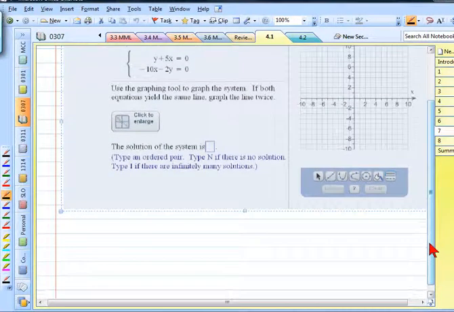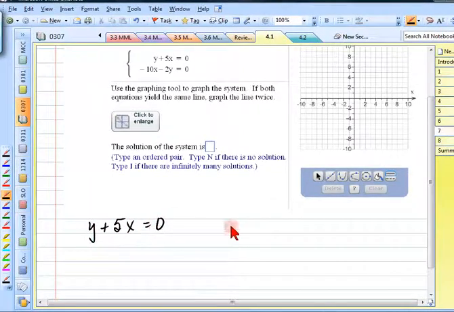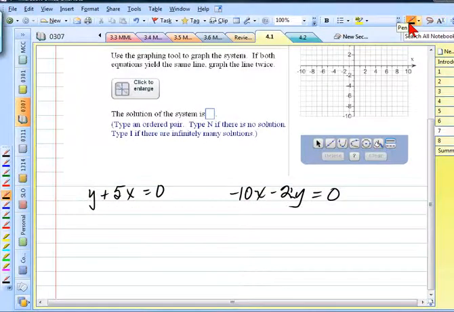The system is y plus 5x is equal to 0 and negative 10x minus 2y is equal to 0. All right. I need to get this in slope-intercept form.